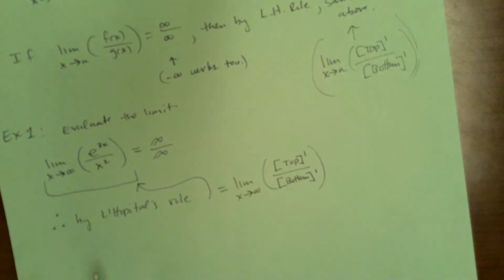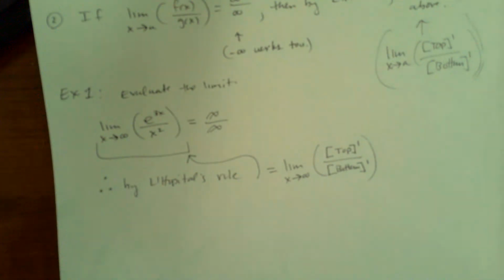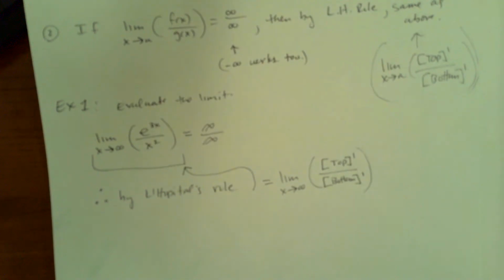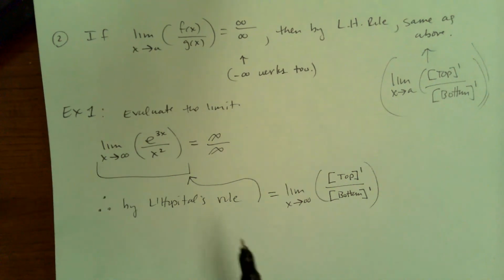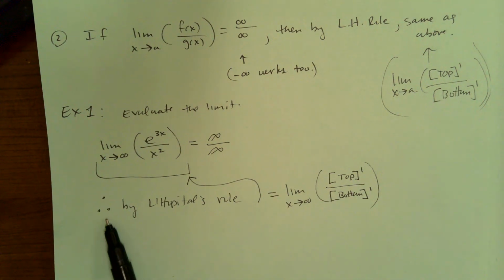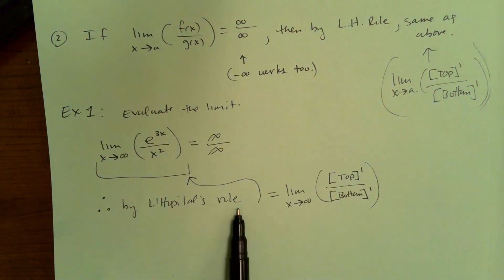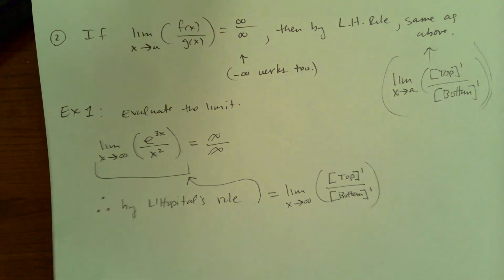By the way, guys, I went to an AP Calc training one summer, and they made it very clear to us that if you're going to use L'Hopital's rule, you need to state "therefore by L'Hopital's rule," otherwise you won't get credit for it.